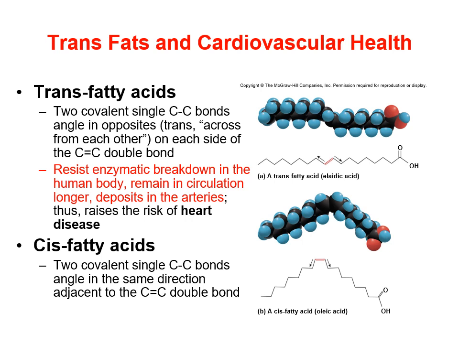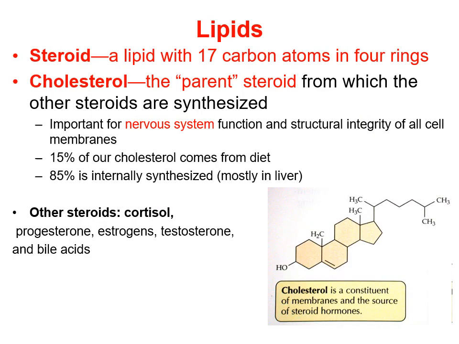So we don't really naturally have the enzymes to break down trans fatty acids. Now, cis fatty acids contain two covalent single bonds in the same direction adjacent to the C-C double bond. So you have a CH bond over here, CH bond over here, and a C-C double bond right over here. So the cis fatty acids are found in nature very commonly.